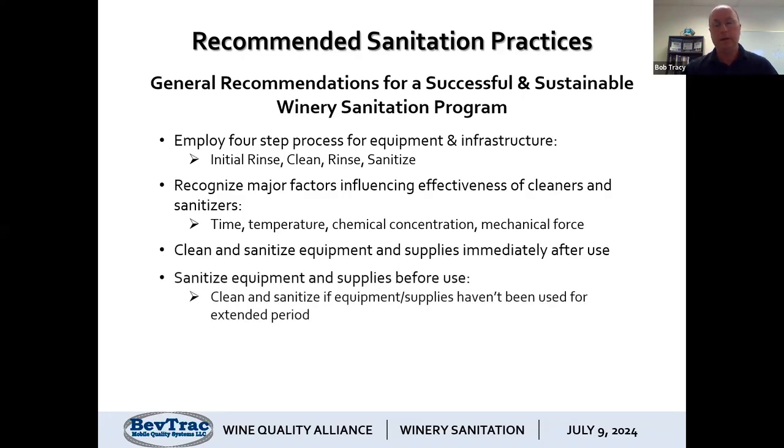And then sanitize equipment and supplies before use. So you've cleaned and sanitized the equipment after using it, and then before you use it again, you want to sanitize it. Wear gloves when performing sanitation activities, and this is not just for safety, but also for preventing microbial cross-contamination.